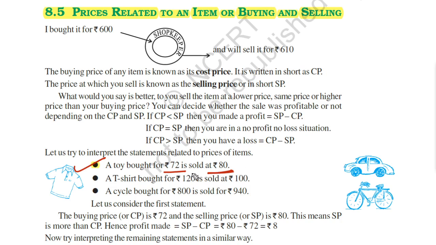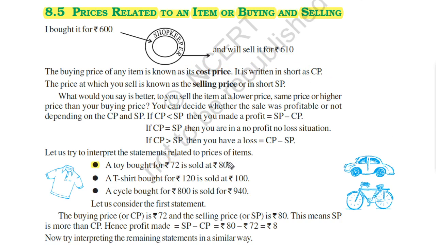Here it is bought for 72, that means this is your cost. You are paying 72 rupees to the shopkeeper, so this 72 rupees is your cost price. For cost price we write CP in short, C for cost, P for price.